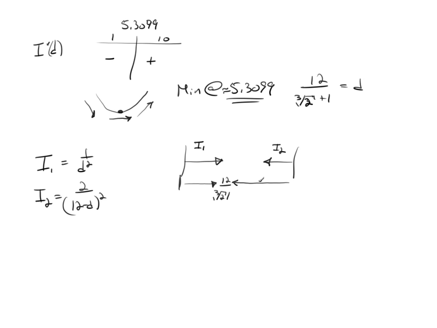And then the distance in this direction will be 12 minus 12 over the cube root of 2 plus 1.